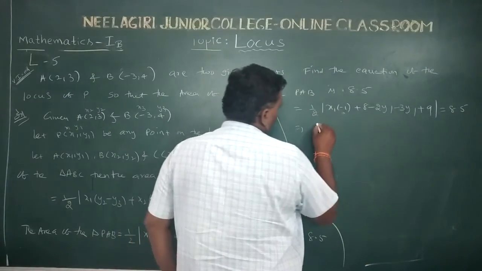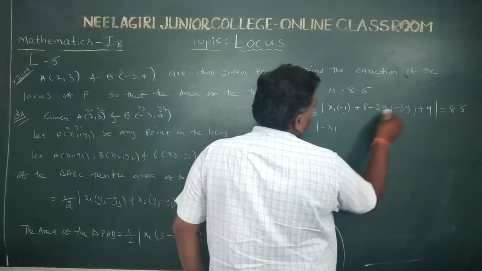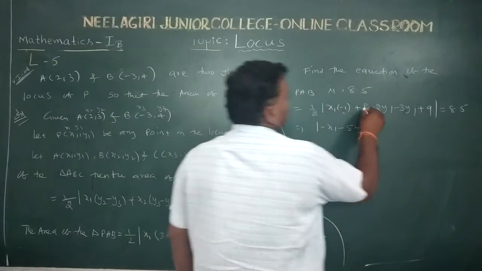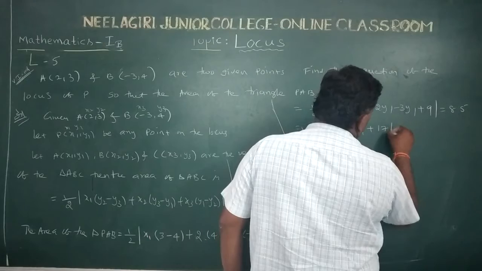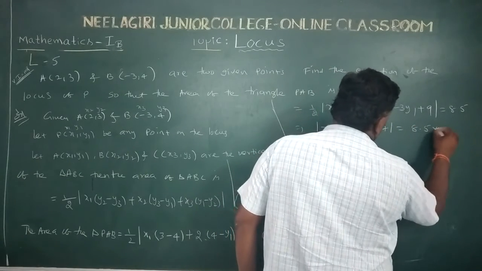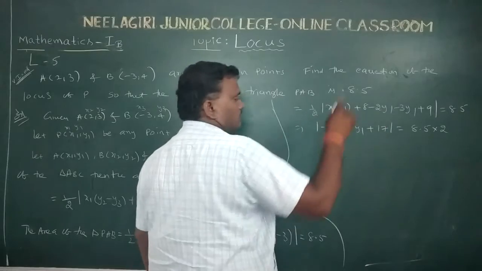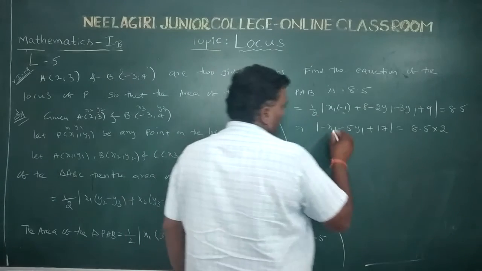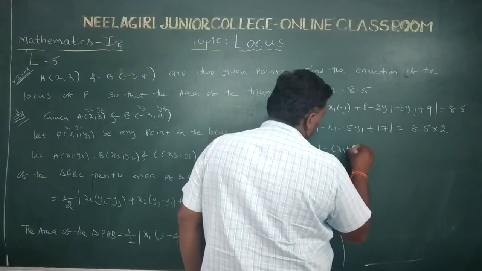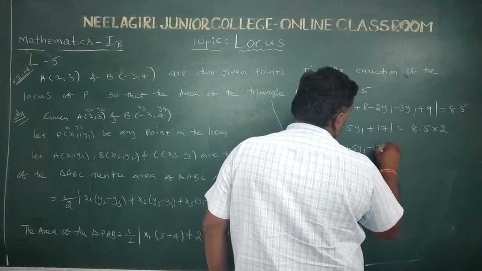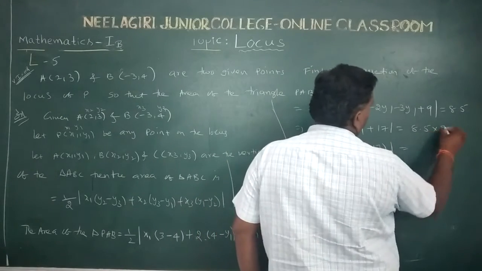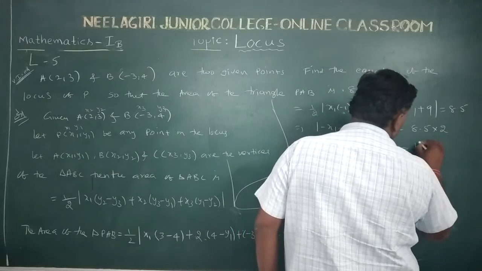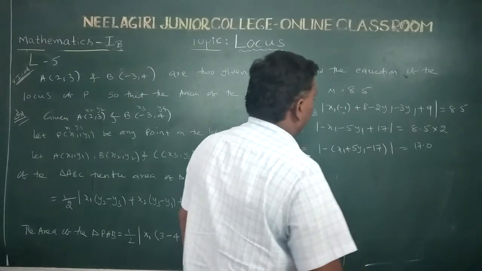So we get minus x1, and minus 2y1 minus 3y1 is minus 5y1, and 8 plus 9 is 17. This equals 8.5 into 2, since 1 by 2 goes to the right side. So minus x1 minus 5y1 plus 17 is equal to 8.5 into 2, which is 17.